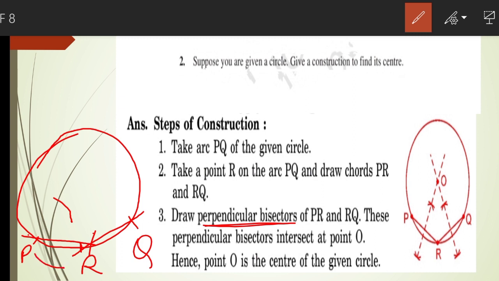With the same radius, since the line is the same, PR, we now shift the needle to R. With the needle at R, we draw another arc above and another arc below. Now we join these two arcs with a straight line.